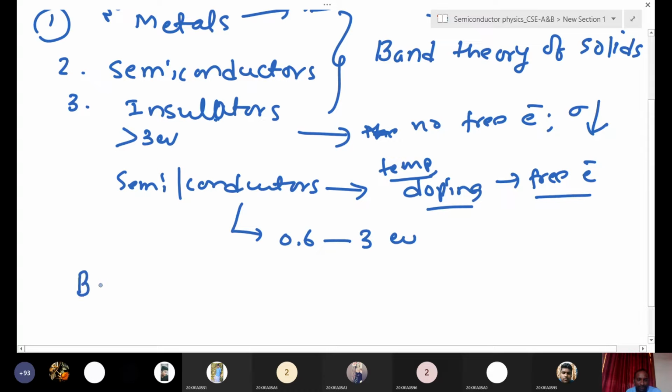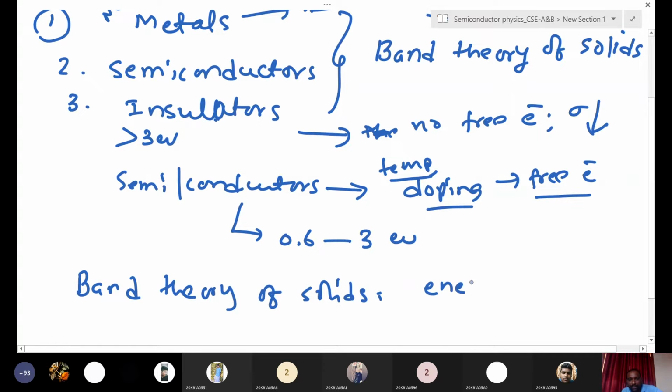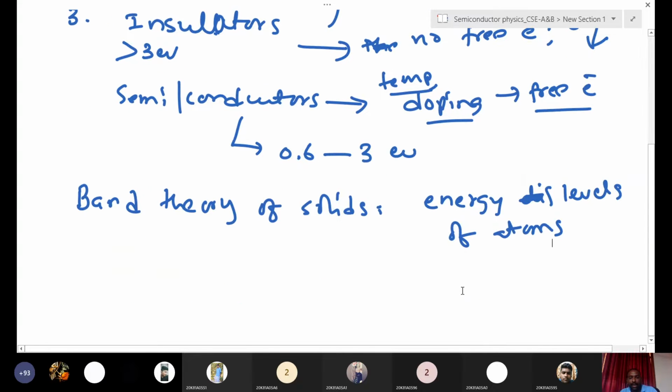Band theory of solids explains how the energy levels of an atom are distributed, and how the electrons are occupied in different energy levels.